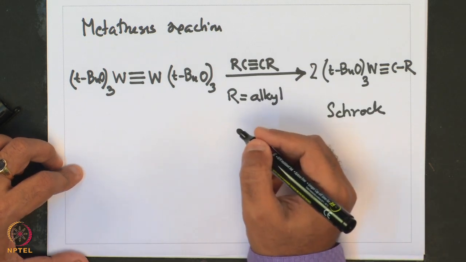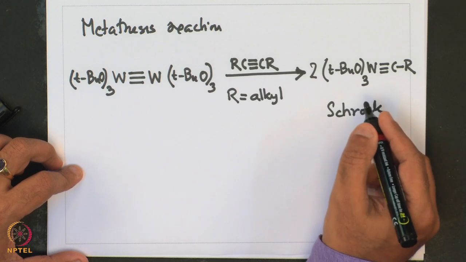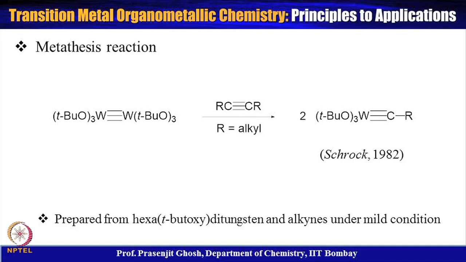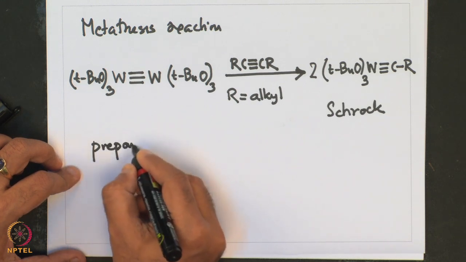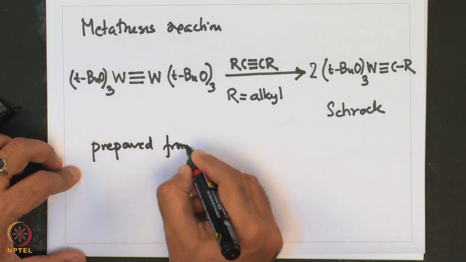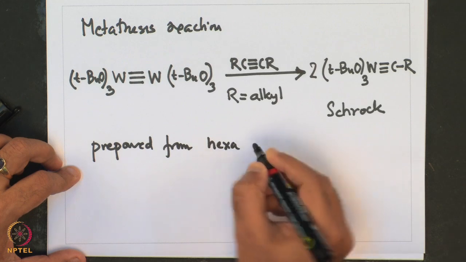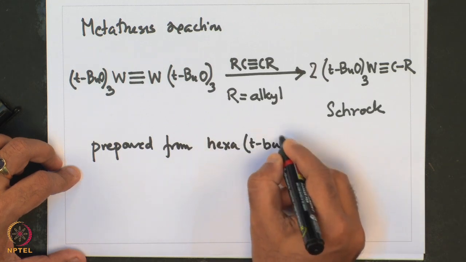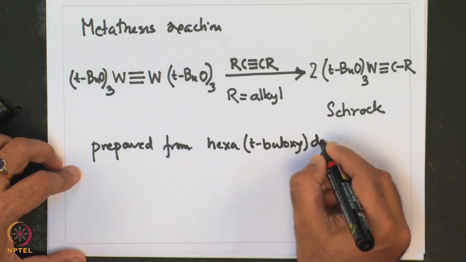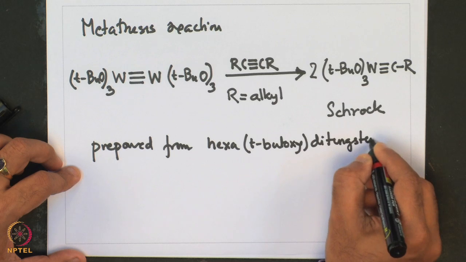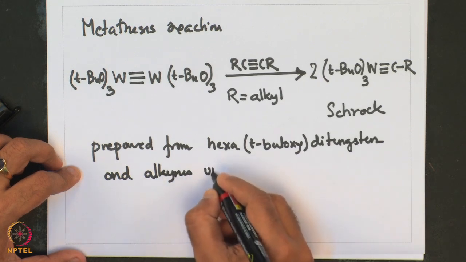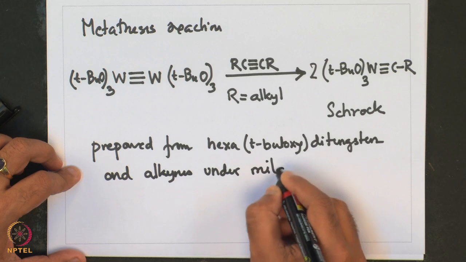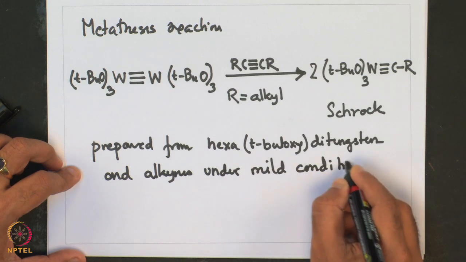In that way Schrock was ingenious in creating metal-ligand multiple bonded compounds, particularly transition metal carbyne complexes, and this reaction was carried out under very mild conditions from hexa-tert-butoxy ditungsten and alkynes under mild conditions.